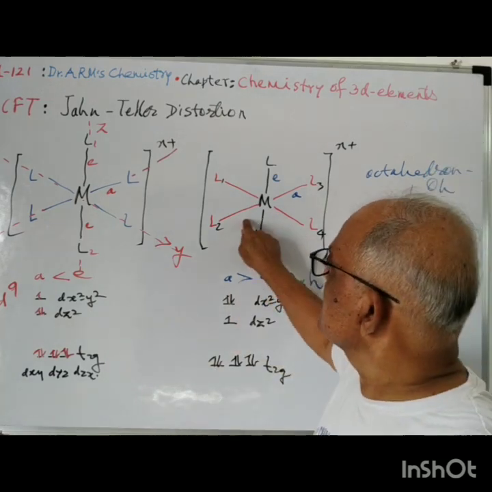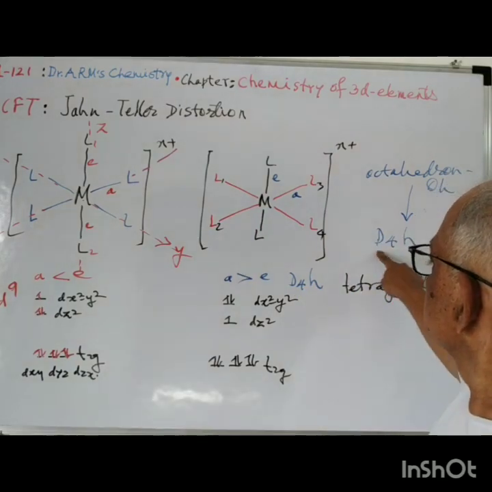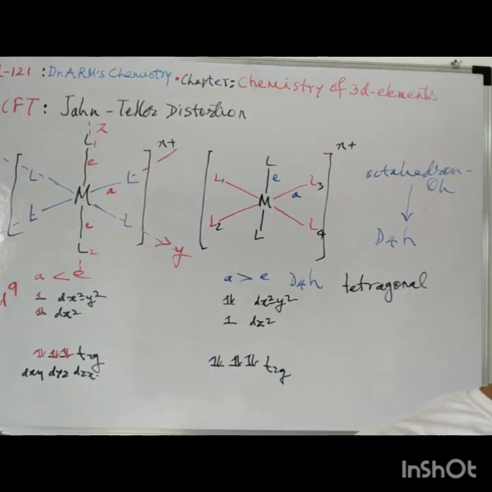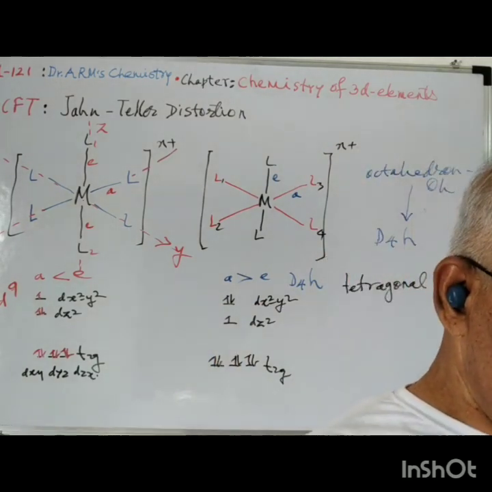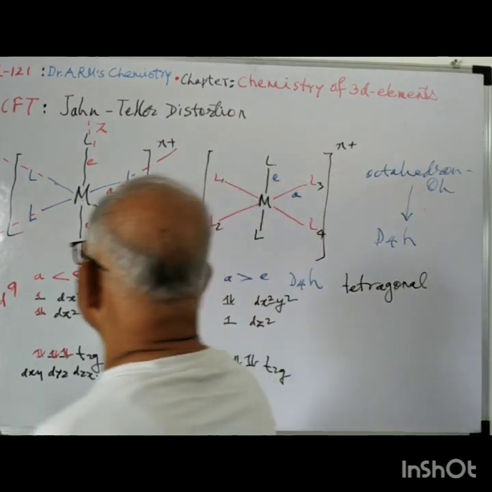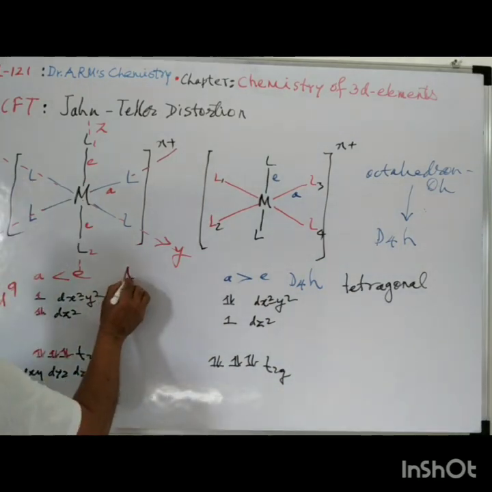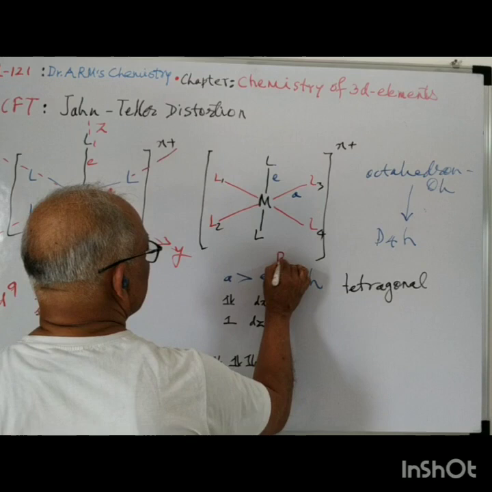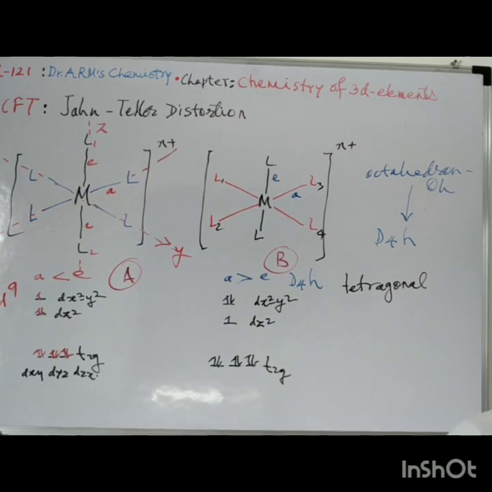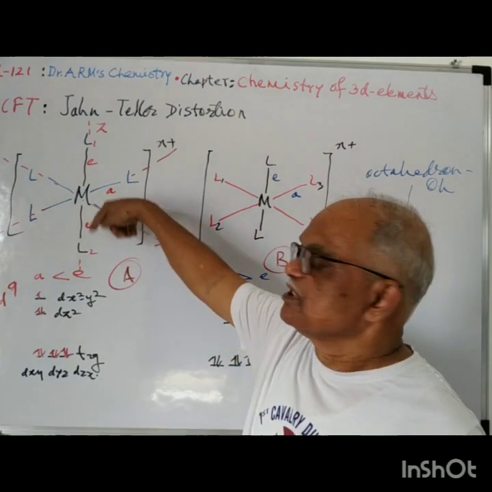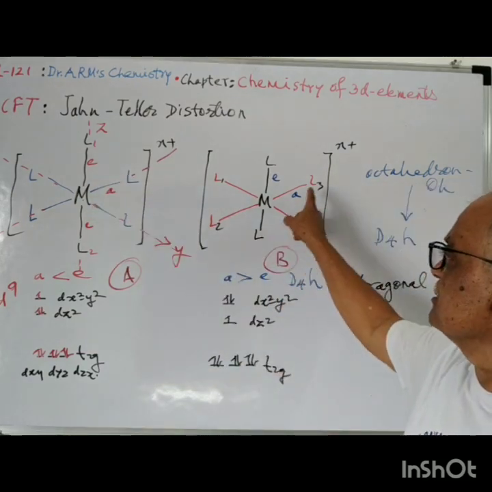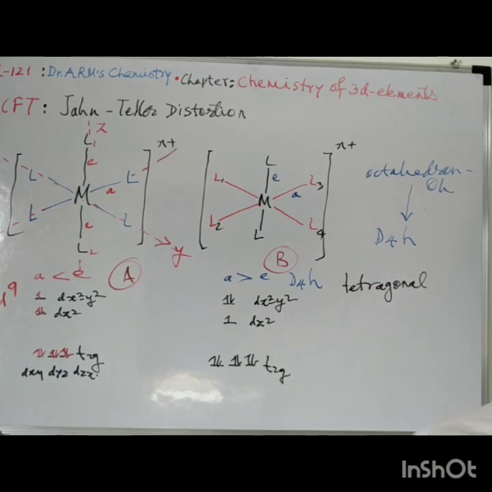So these structures have this symmetry called D4h, and the structures can be represented, for our convenience, as structure A and structure B. So here the Z component shows repulsion, and here the Z component is away from the repulsion.